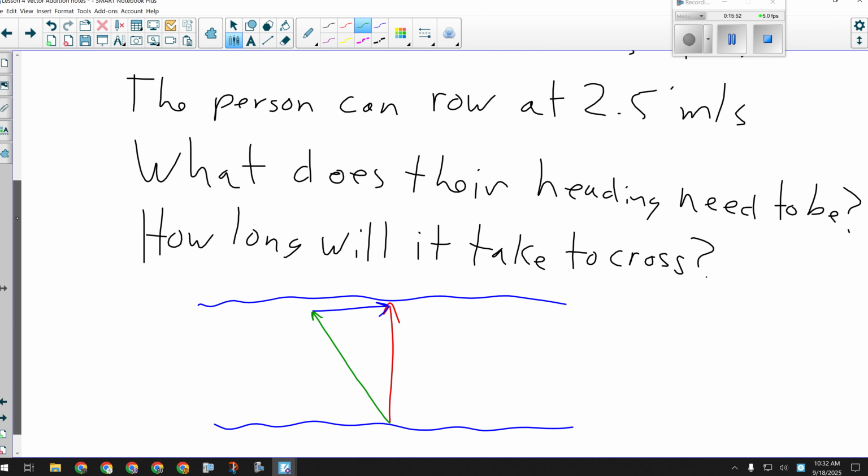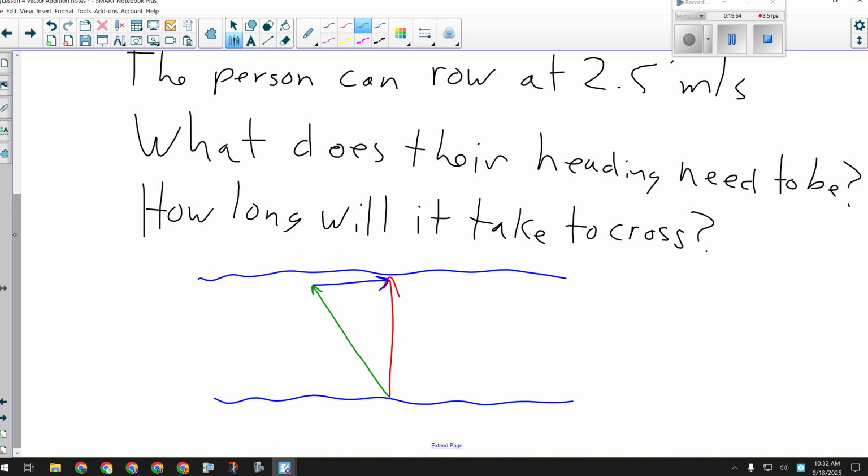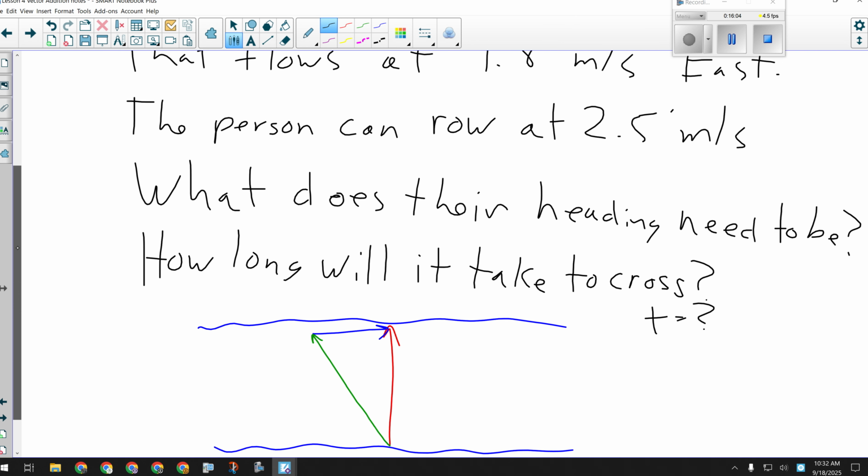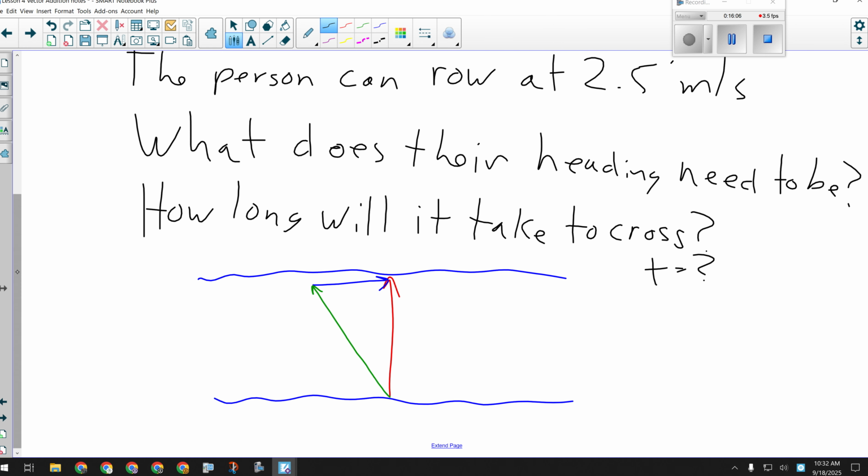Okay, so the question wants to know how long it's going to take to get across. So we're looking for time. Okay. They also tell us that the person can row at 2.5 meters per second. Okay, that's how fast I can row. Is it how fast I end up rowing?